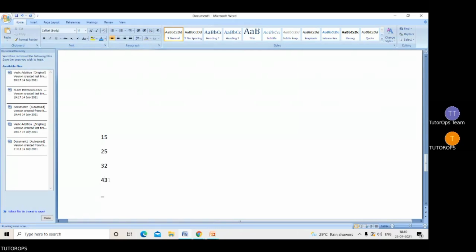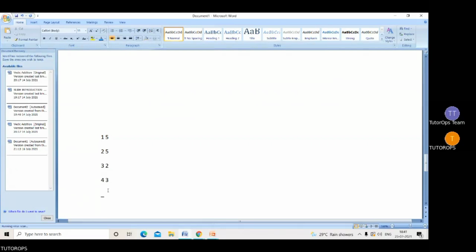First of all, we can imagine these numbers broken up. Not actually breaking, we are imagining the break. So 15 is 1 slash 5, 25 is 2 slash 5, 32 is 3 slash 2, and 43 is 4 slash 3.